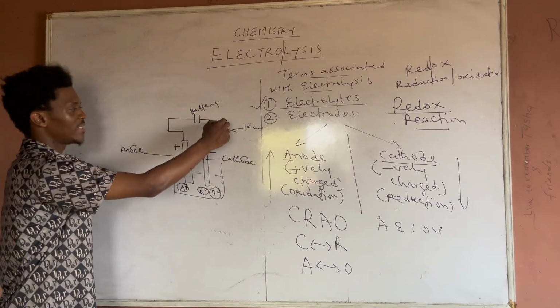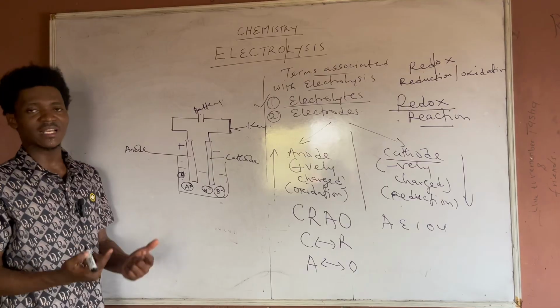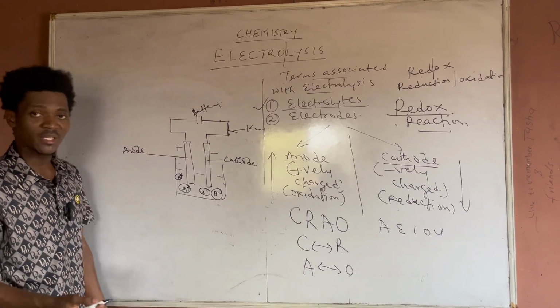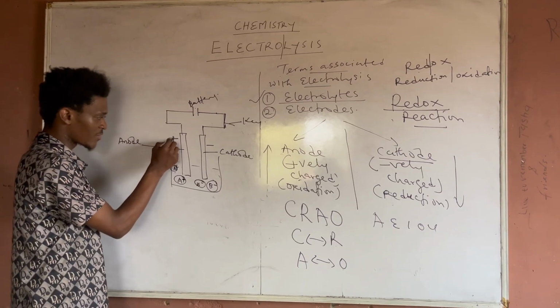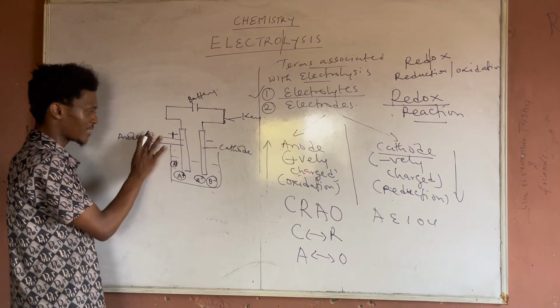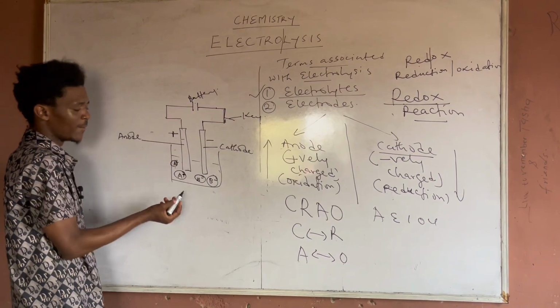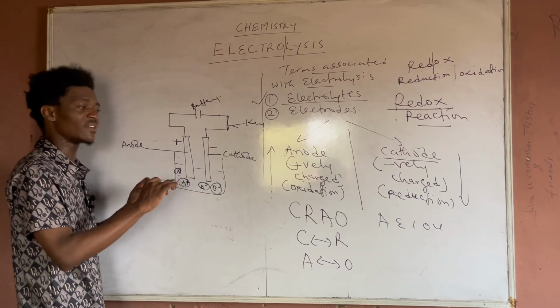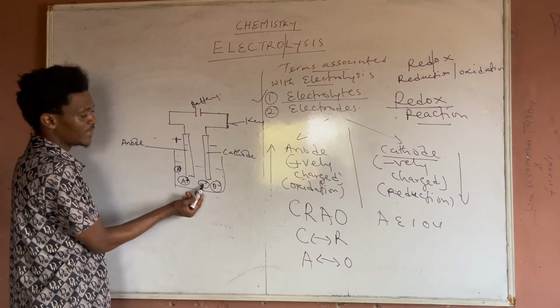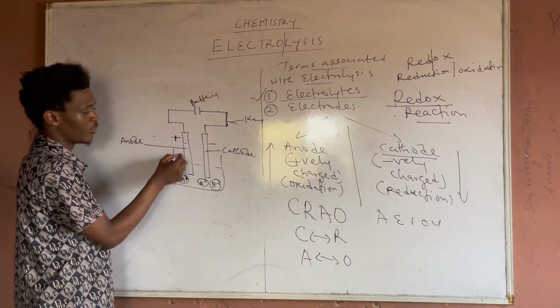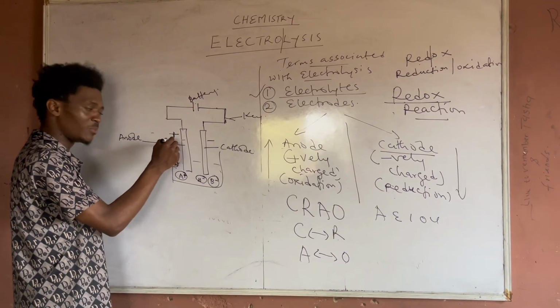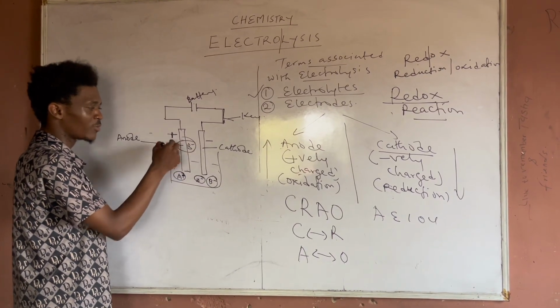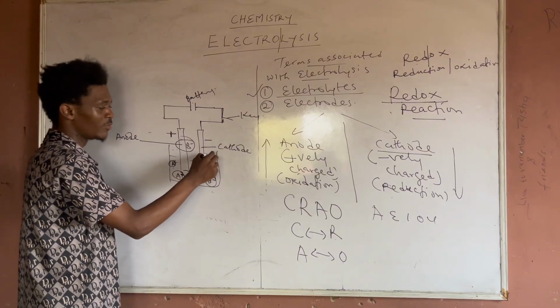The moment you close this key, the law of electrostatics or electromagnetism will be obeyed, in that you see this positively charged rod, which is known as the anode. Don't forget, I've even written that already. Now, what will happen? Unlike charges will do what? Attract. Then while like charges tend to what? Repel. So this negative B will migrate to what? To the positively charged electrode, being the anode. So the B minuses will come here, while the A pluses will go to the other side.